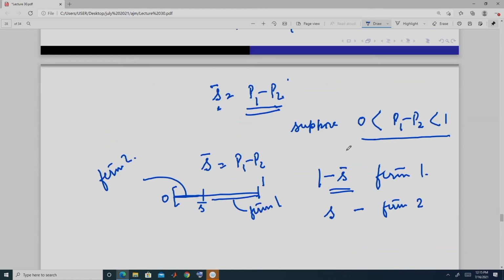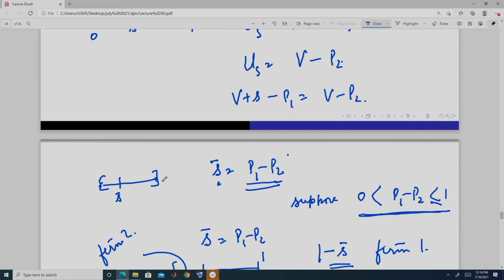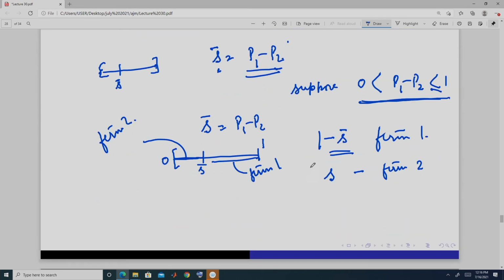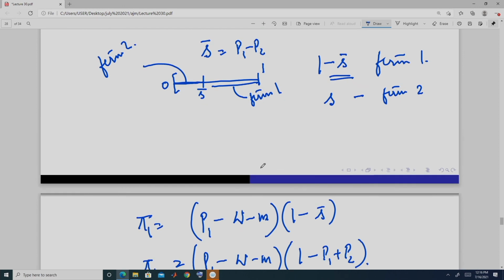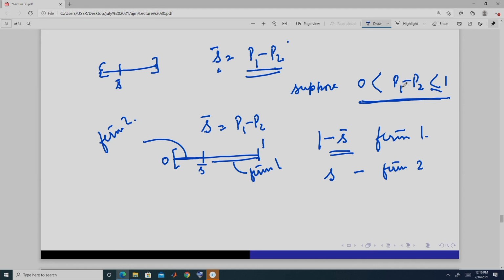Here, while doing this, we have assumed this thing. Why? Because we get an interior S bar that lies within, not here, neither here. If it is at the boundary, it means either firm 1 is serving or firm 2 is serving. So, only one type of product is there, and we do not see any product differentiation in this case. So, that is why we will only consider this.